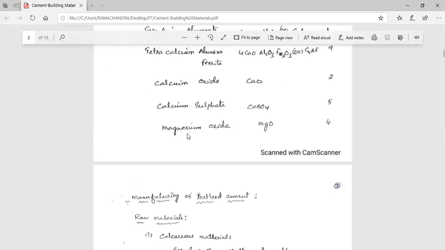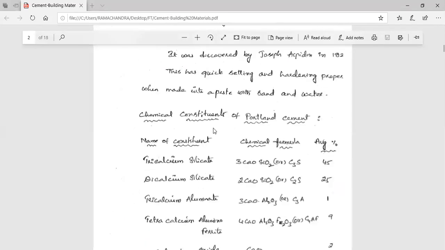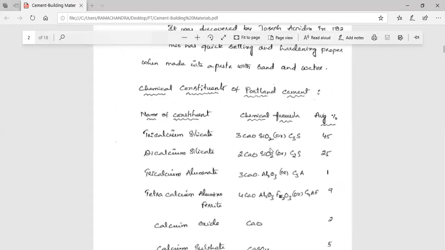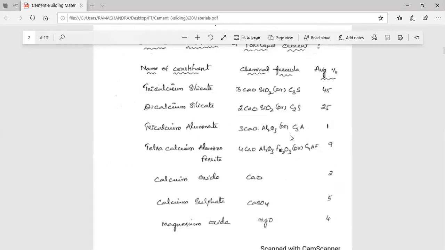Next, magnesium oxide, MgO, the average percentage is 4%. So these are the components present in the composition of Portland cement.